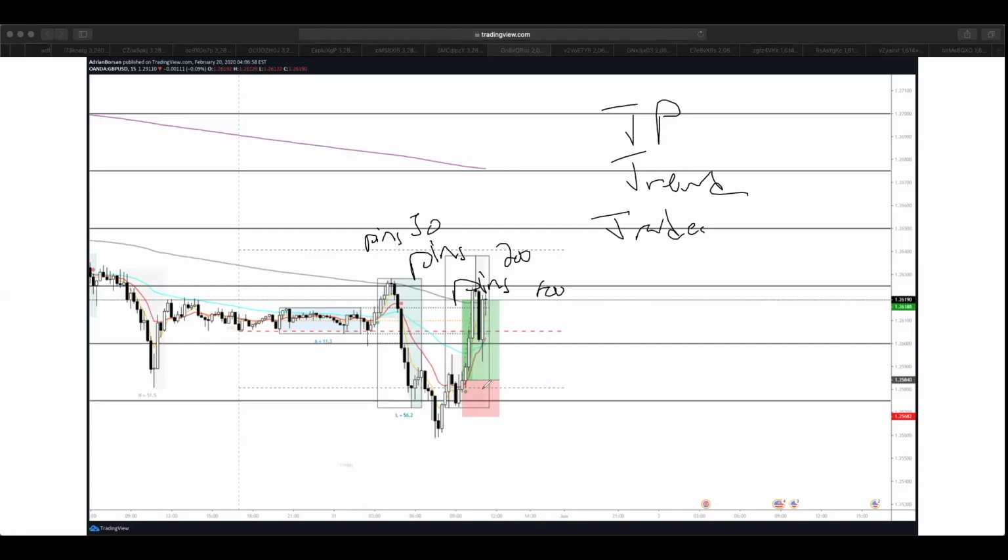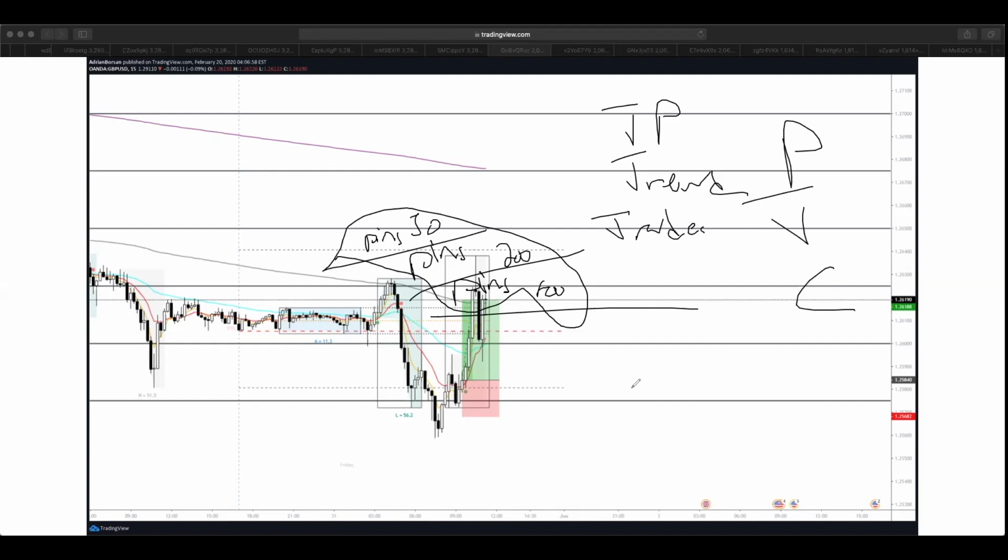Now you don't take trades just off of these things alone. These are not entry points just because it's pinning to the 50. You still need to have the pattern, you still need to have the timing, you still need to know where you're in the cycle. So PTC always goes above everything.